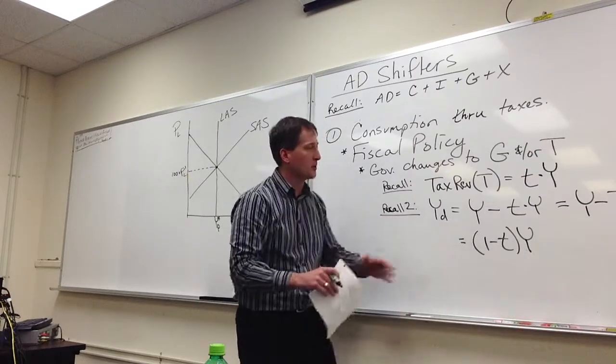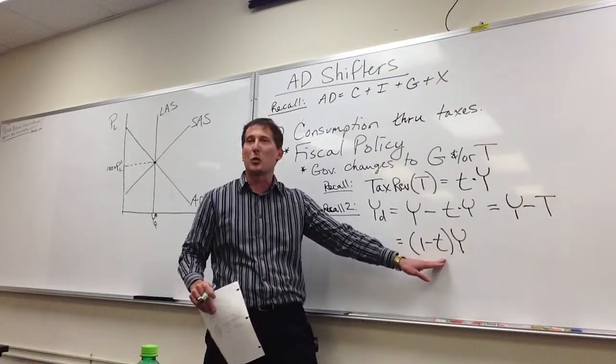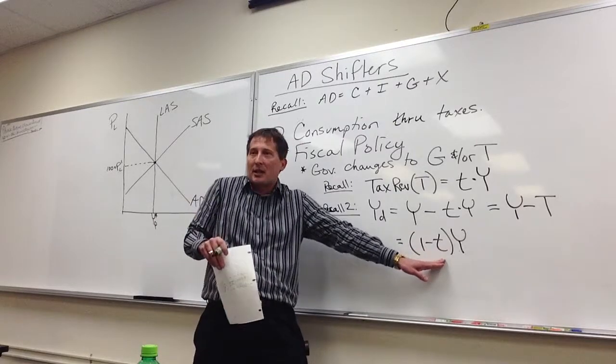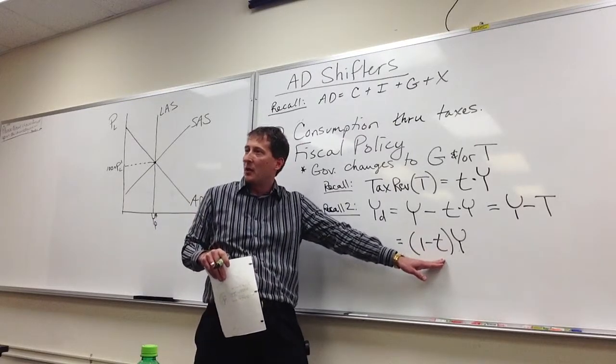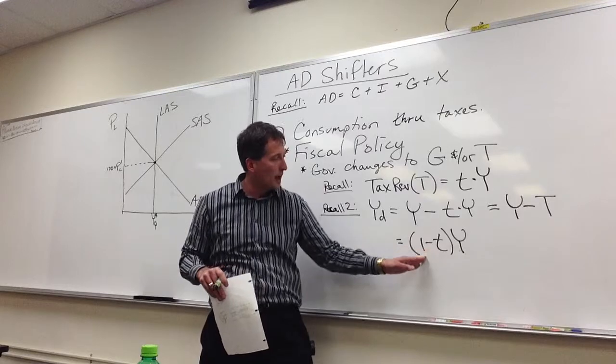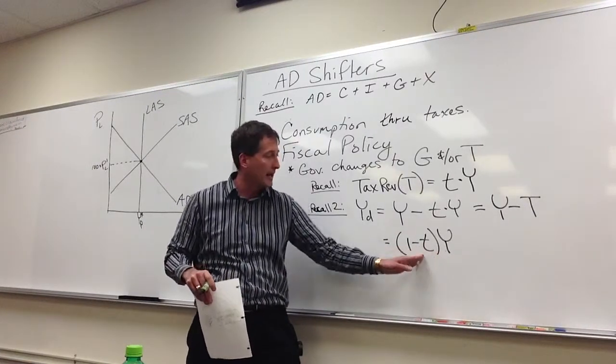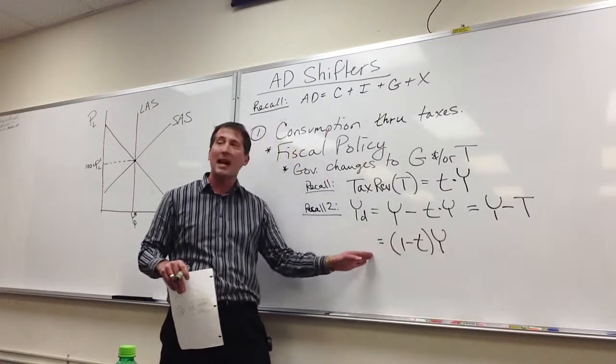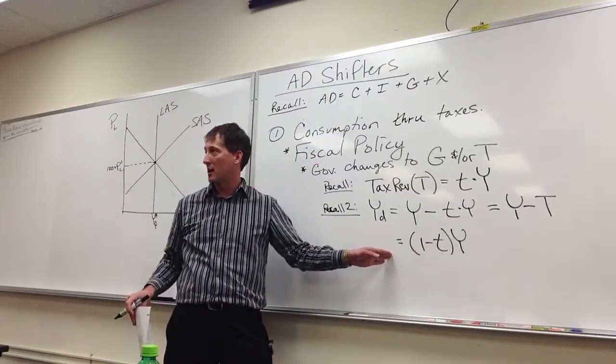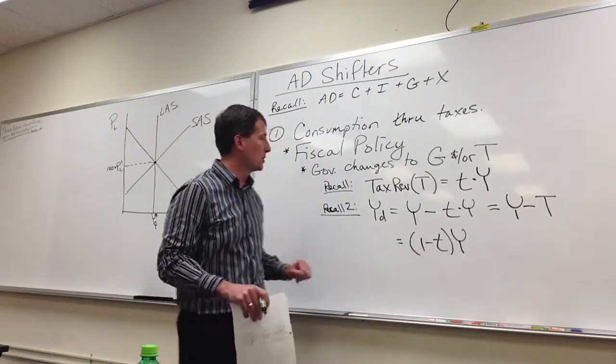Now let's just throw in some percentages. If the taxes were 20%, I get to keep 80%, right? So it's just like 1 minus 0.2 equals 0.8, which is really 80%. 80% of my money is my take-home pay that I get to go spend on whatever I want, right? So disposable income.